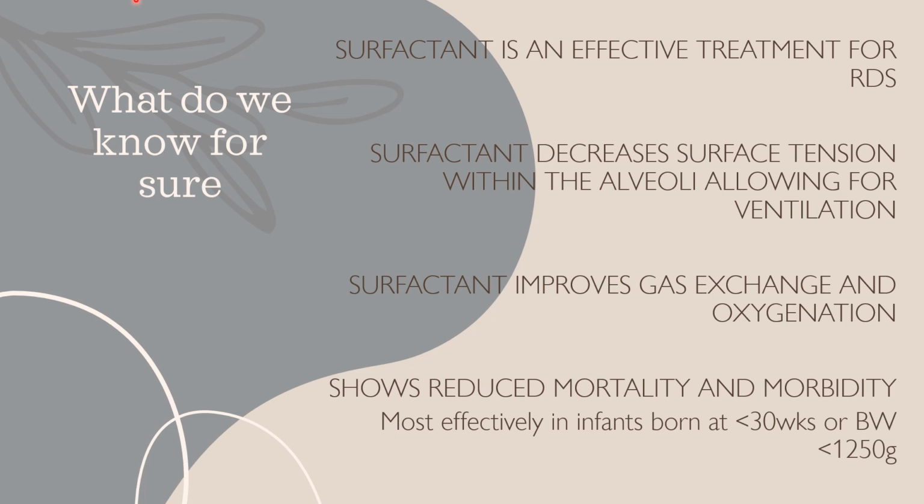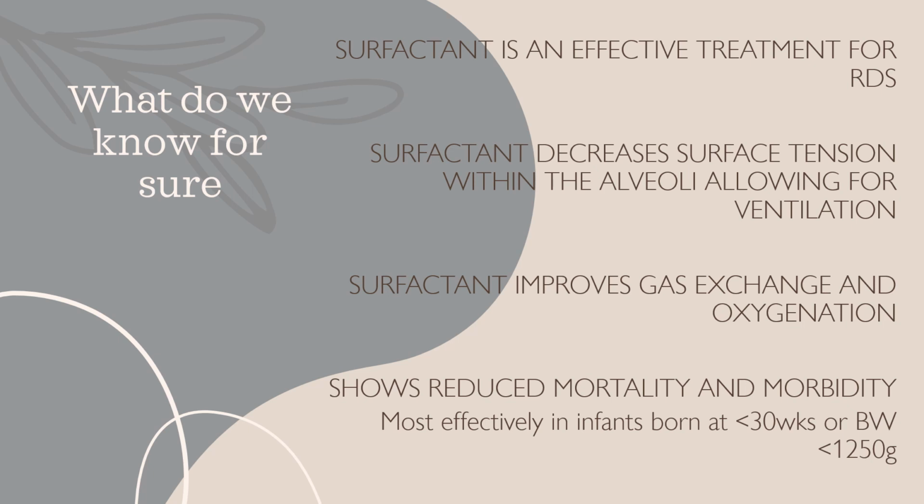So what do we know for sure about surfactant? Quite a bit, actually. We know that surfactant is an effective treatment for RDS. We know that surfactant decreases surface tension within the alveoli, allowing for ventilation. And if we can achieve this, this means that we give less respiratory help, less of a chance to cause trauma to those lungs.